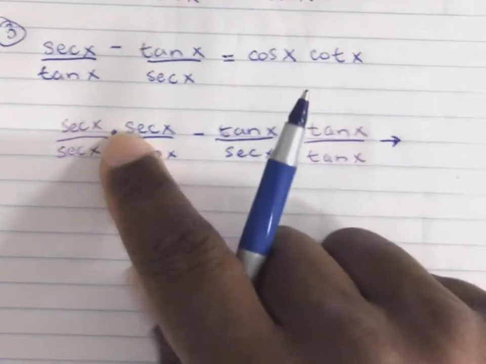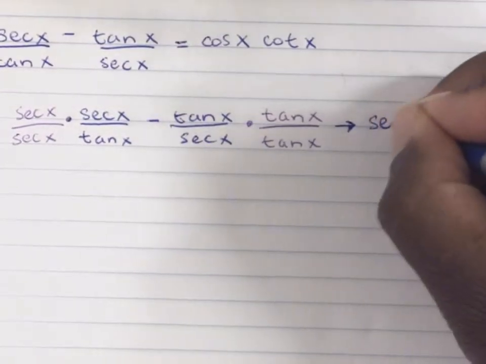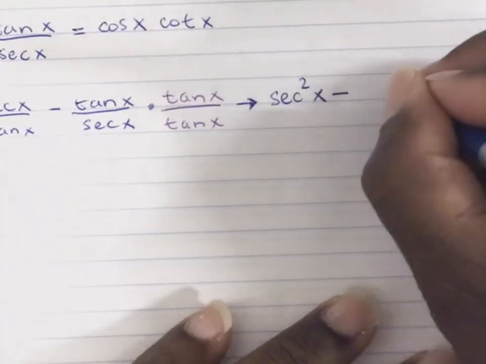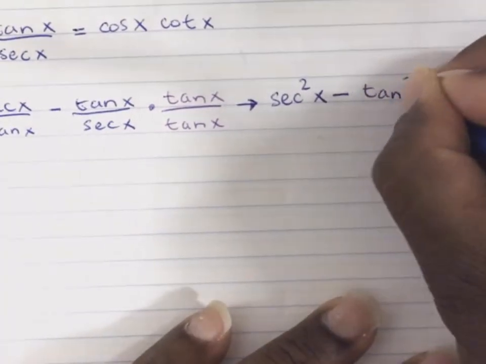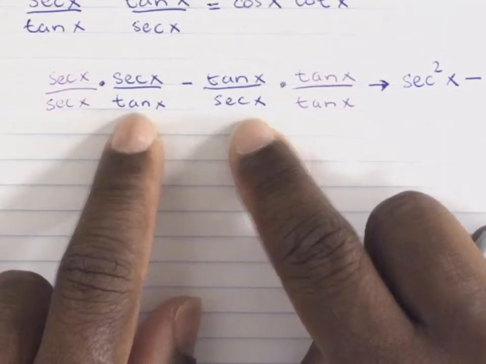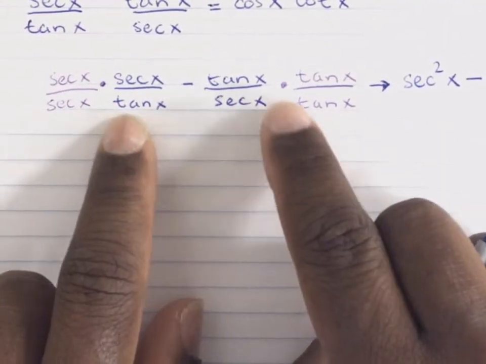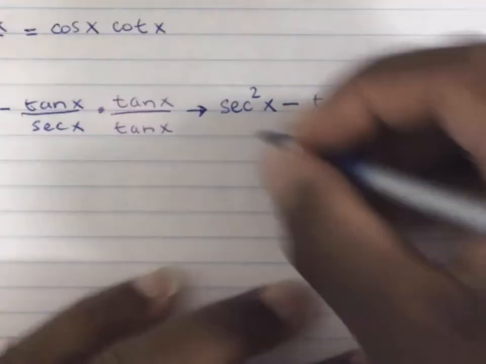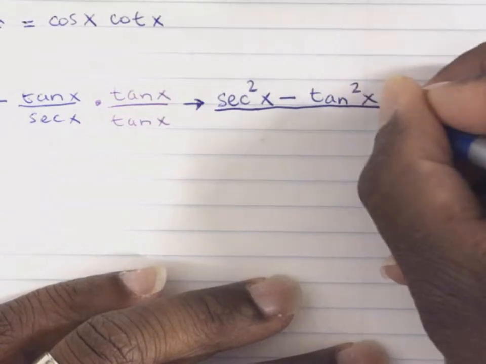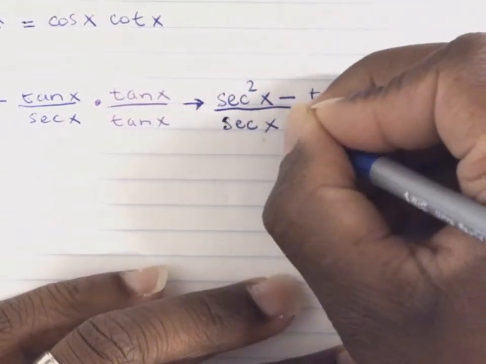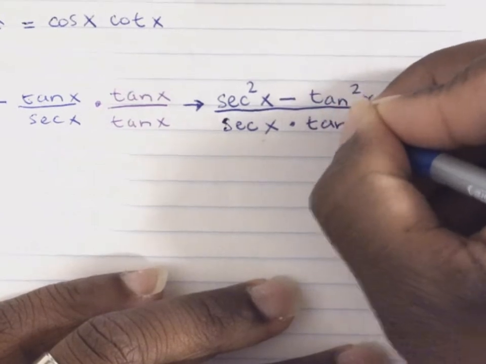I get secant times secant, which is secant squared, minus tangent times tangent, tangent squared. And then on the bottom, they both have the same denominator, secant times tangent, so I'm going to write it as one together: secant x times tangent x.